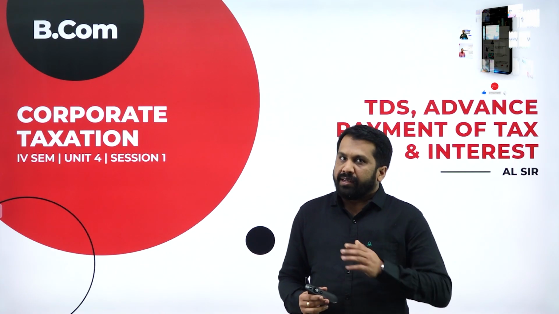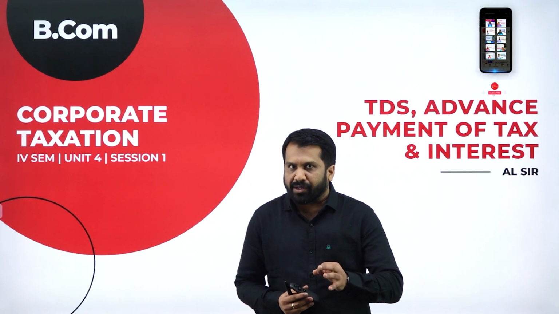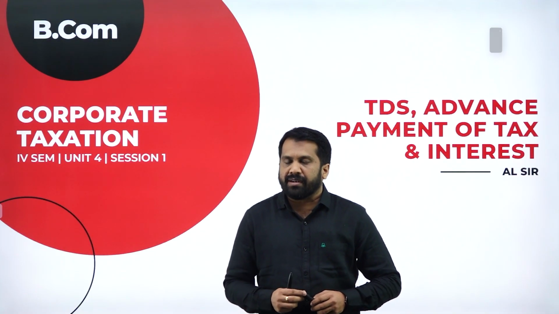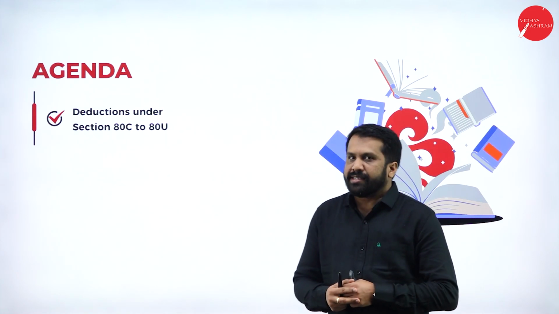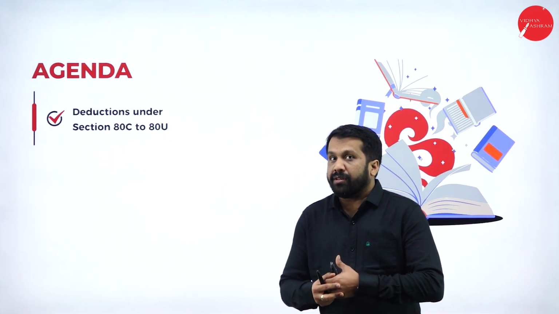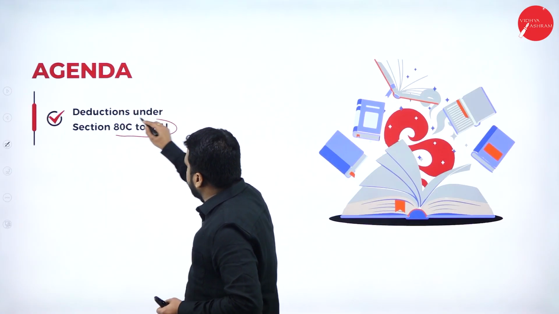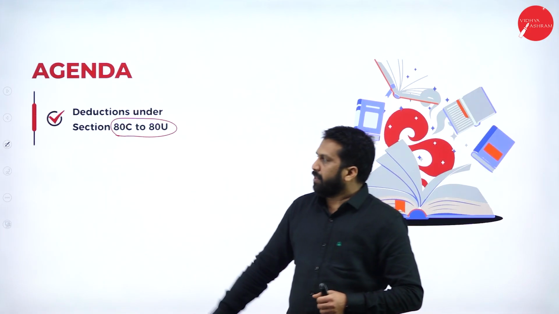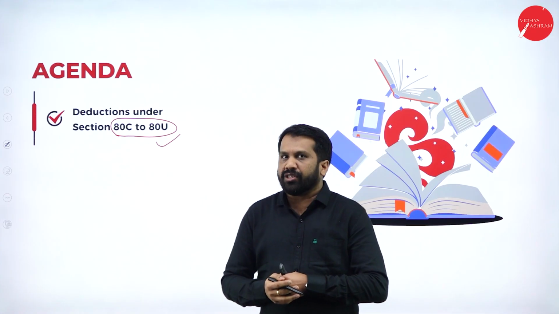As I told you in the previous session, we are going to do a very important topic for your examination, as well as it is easy to remember and easy to calculate. The agenda for today's session: there are many things to learn actually. Why? Because the same concept, 80C to 80U, while doing your assessment of individual, we use all these sections, or we call them deductions.